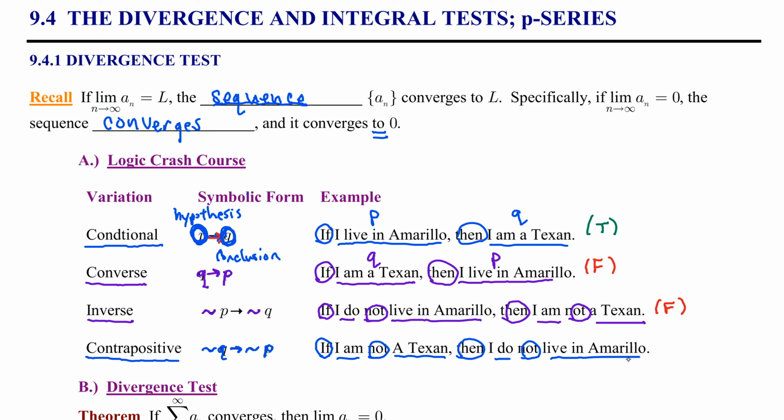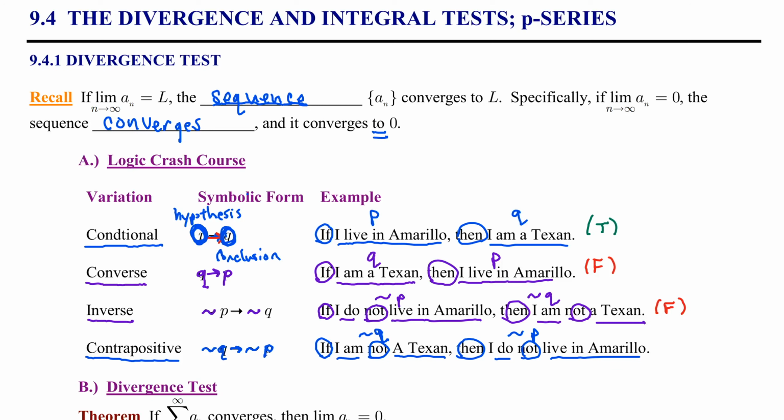Again, the connectives are if, then, and not. And we have the statement not Q implies not P. And once again, observe it's the opposite of the original statements in the previous conditional. So what do you think? Listen to the statement again. If I am not a Texan, then I do not live in Amarillo.